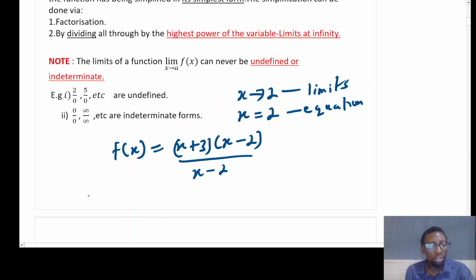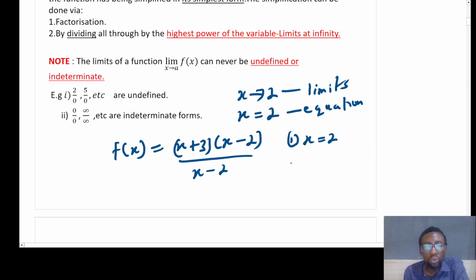So number one, let's evaluate x equals to 2. If I want to evaluate x equals to 2, that means that anywhere I see x, I put 2. That's an equation. I can still do that. 2 plus 3 bracket 2 over 2, 2 minus 2, like that.